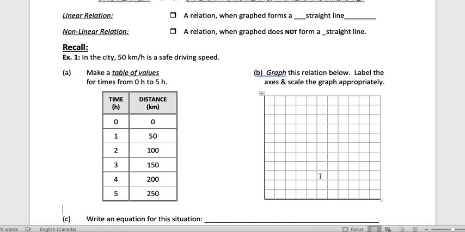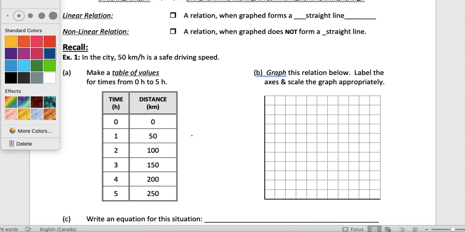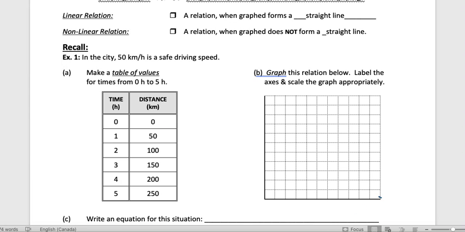It says graph the relation below, label the axes, scale the graph appropriately. So again, guys, make sure that you are scaling properly. We've got our X here and we've got our Y. I am going to do short form. This is distance, and you would probably write out distance in kilometers.